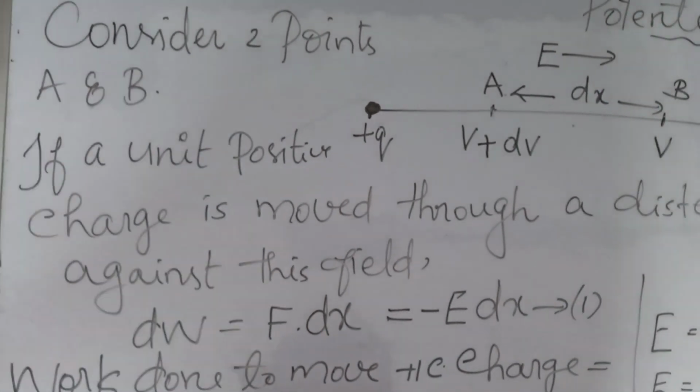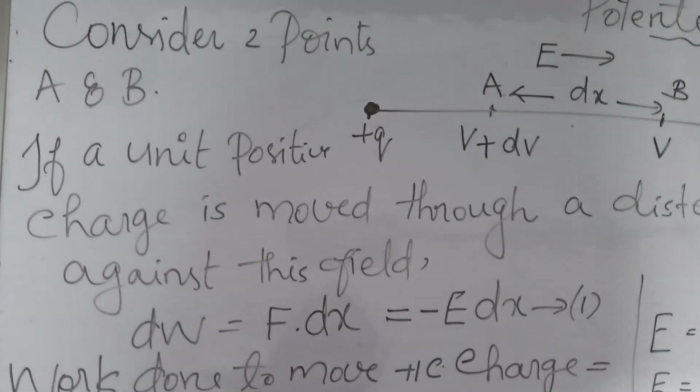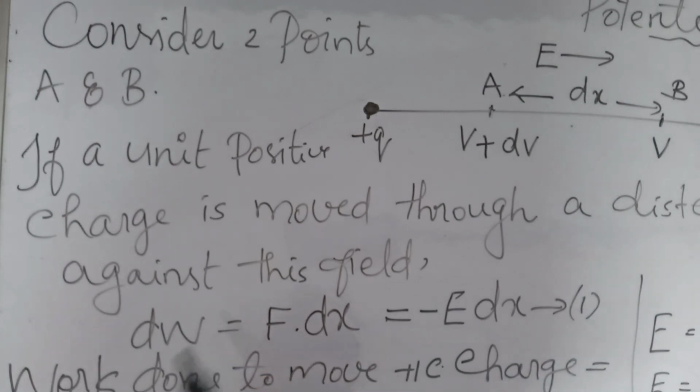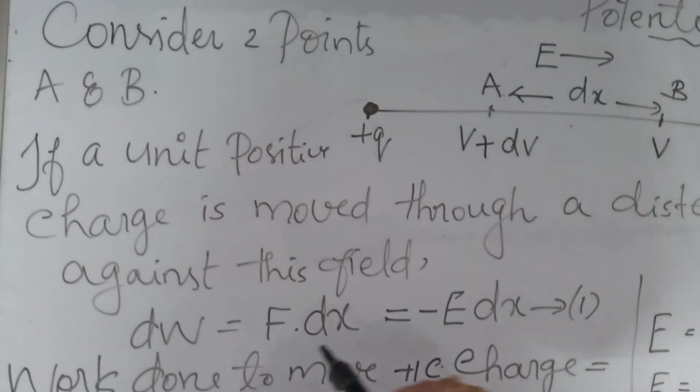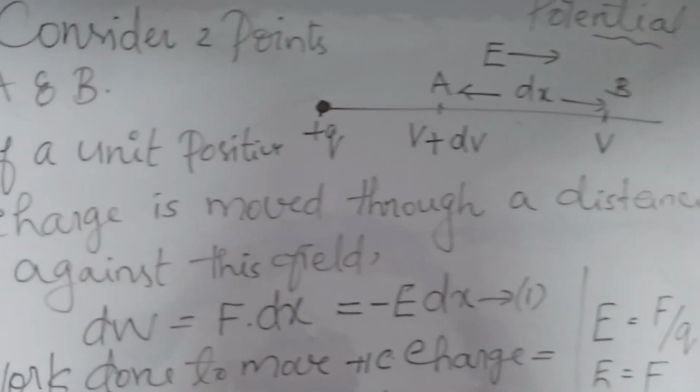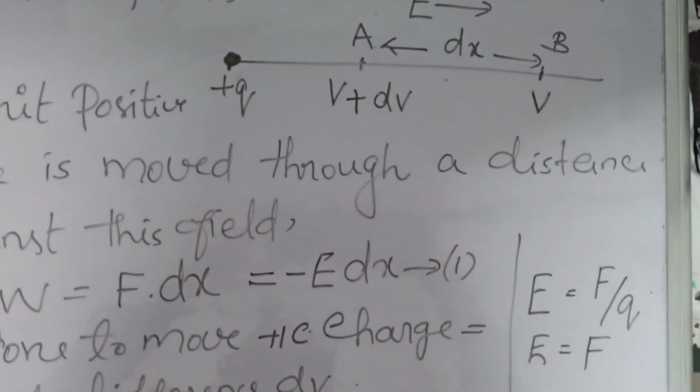So here we are getting dW as the small work done. Work done is force into displacement, so here it is F into dx. dx is the distance between these 2 points, right? And F into dx is the work done, and we can relate it with the electric field, right?